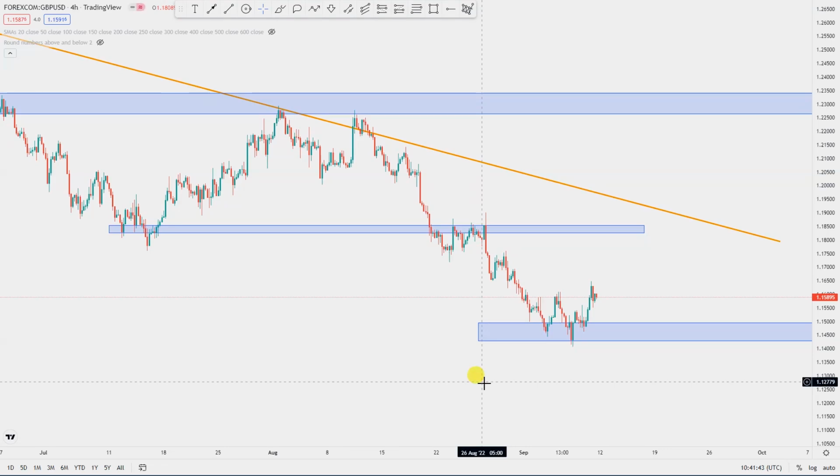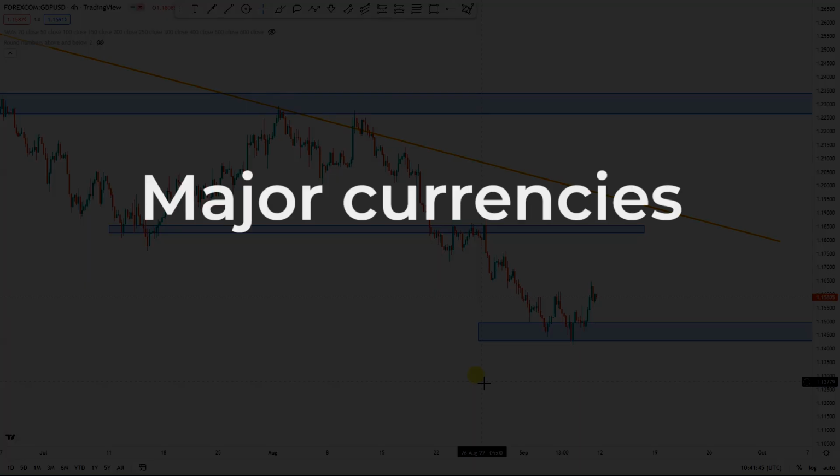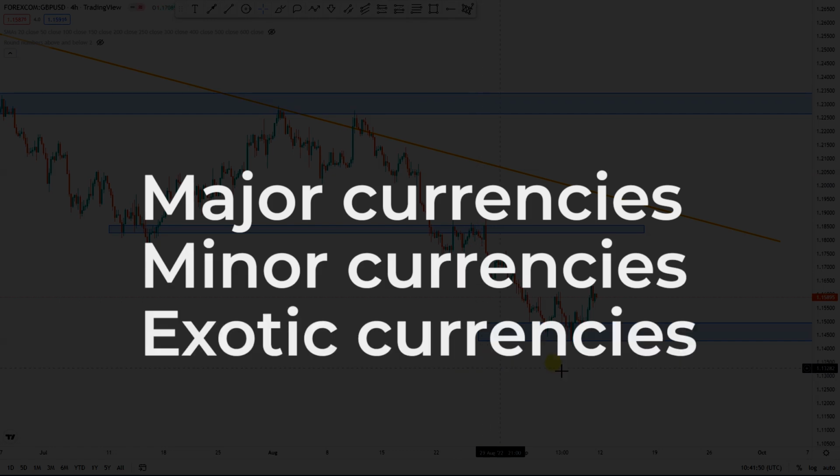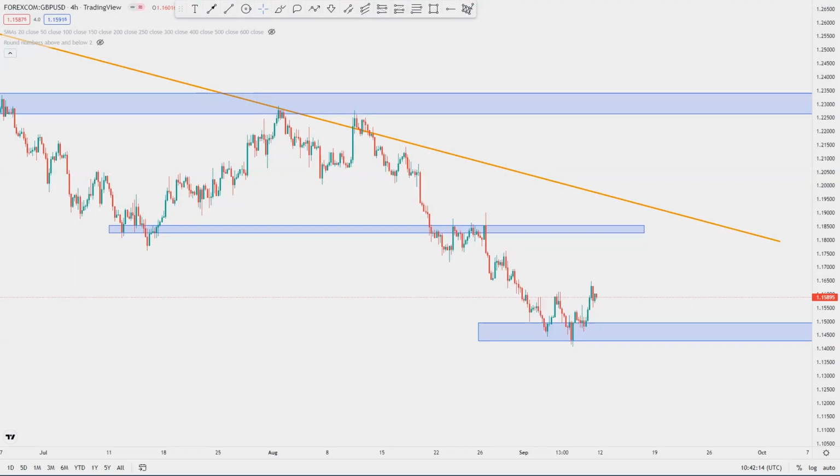Now, in a currency pair, we have the major currencies, the minor currencies, and then the exotic pairs. The major currencies are basically the currencies with the most liquidity, the ones which are traded the most, and they carry more weight than the others.